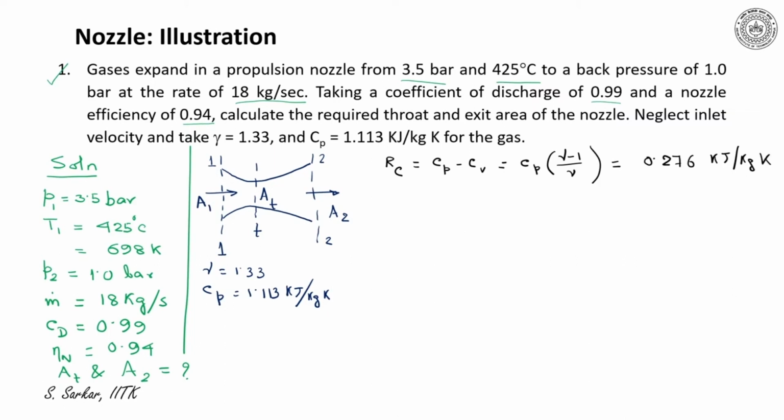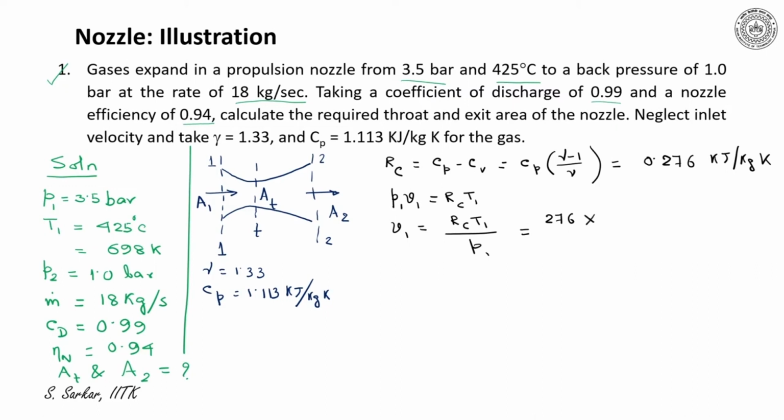Okay. Now I can use the gas equation, that is P1 V1 is equal to RC into T1. From here I can calculate V1, the specific volume at inlet, which is RC T1 by P1, and I have calculated R as 276.